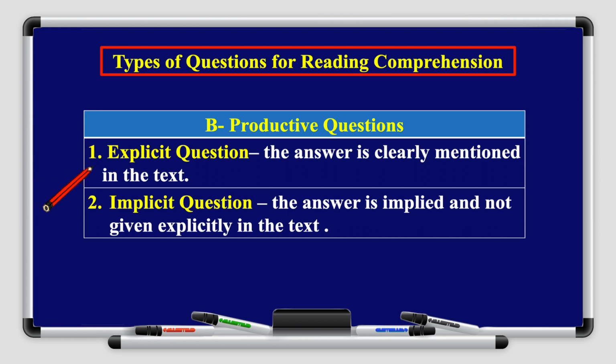Either I'm going to ask you a question that means the answer is clearly mentioned in the text, you will find it easily, you will spot it easily, or implicit questions, the answer is implied and not given, you have to understand the text and write from what you understood.